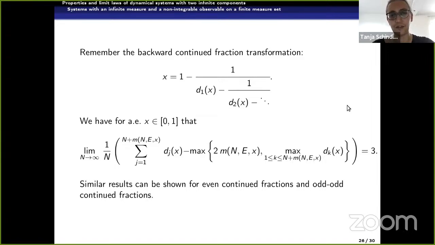And if one looks at even integer continued fractions or odd continued fractions, then one basically gets similar results of the same type. I'm not completely sure about the constants anymore, but the idea is exactly the same.